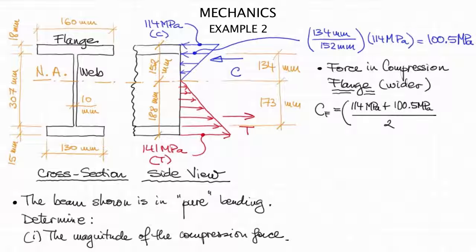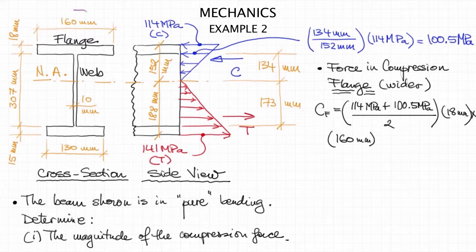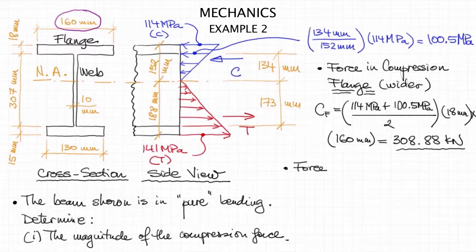So 114 plus 100.5 megapascals divided by 2 multiplied by the depth of the trapezoid, 18 millimeters, and then multiplied by the width perpendicular to the side view of the flange, which is 160 millimeters. So don't forget about the third dimension, because even though we represent these in 2 dimensions here, these stress blocks are actually 3-dimensional stress blocks.